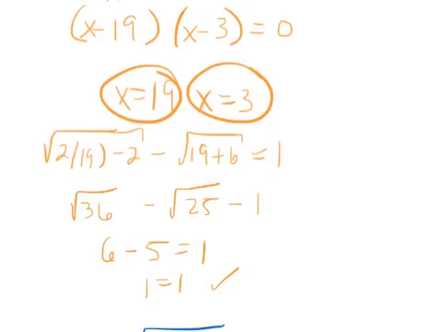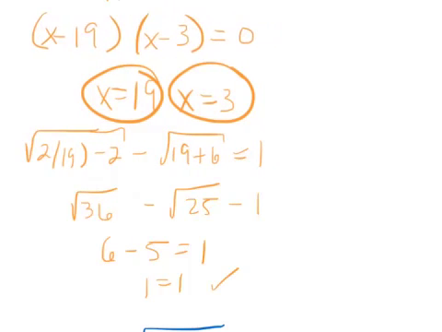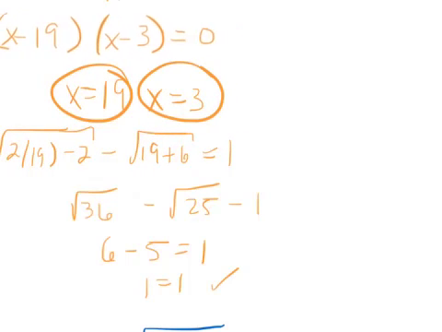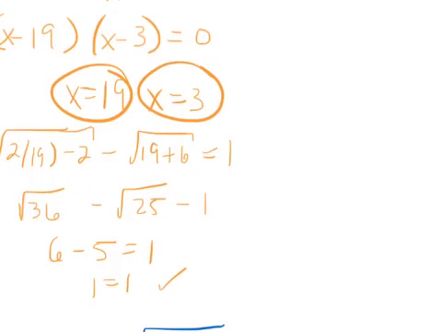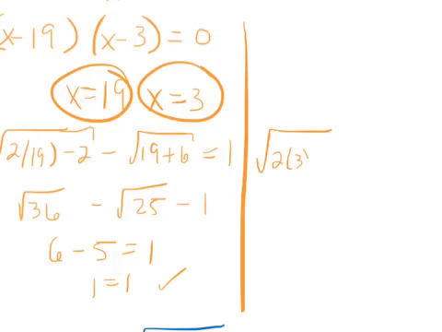Okay, let's try the 3 now. Two times 3 is 6. 6 minus 2 is 4. Root 4 minus root 9.